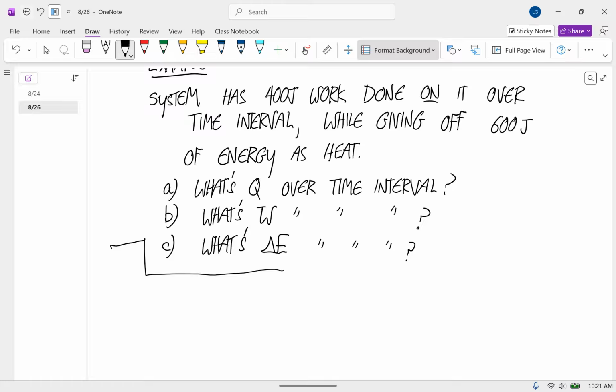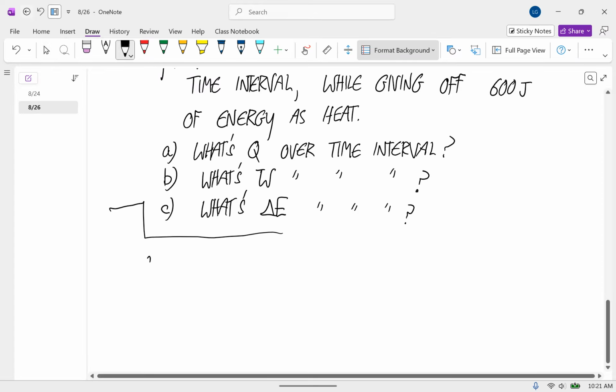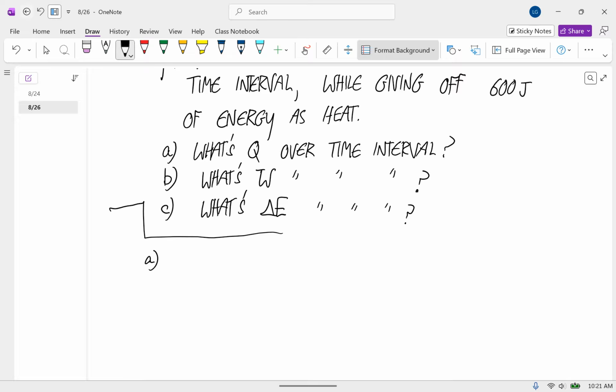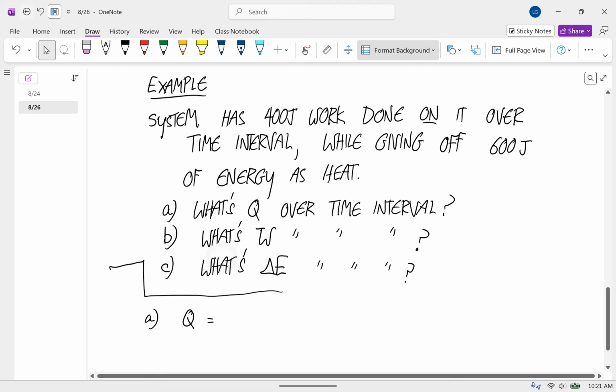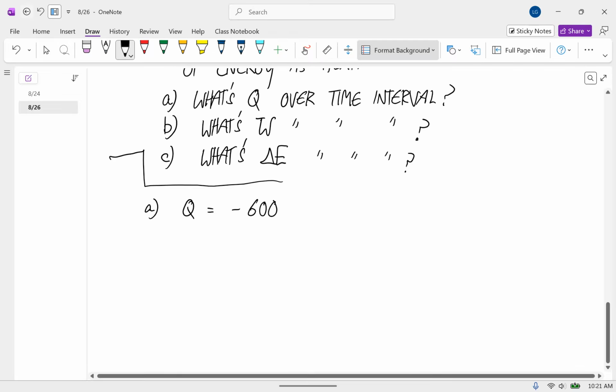Well, Q is positive if energy is being added to the system. Is energy being added to the system or removed from the system here? Removed. So for part A, everybody follow that? So Q is equal to negative 600 joules.